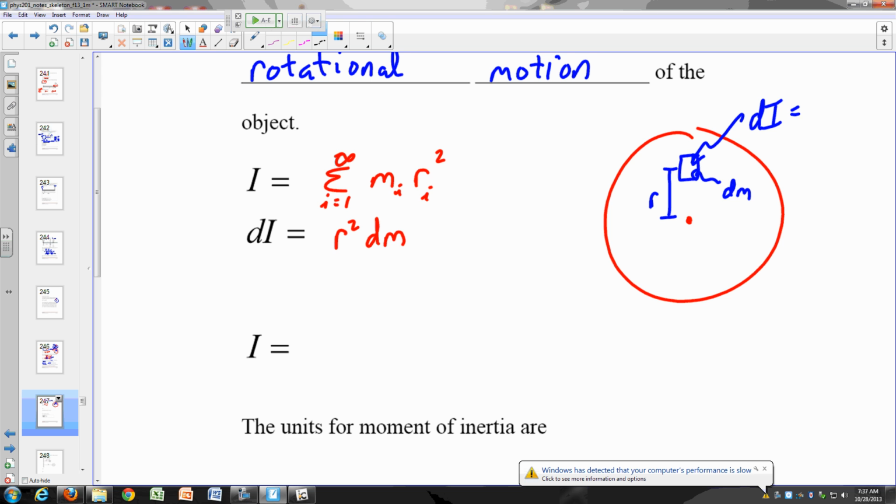So the moment of inertia of that little piece is going to be r squared times dm. This is the definition of moment of inertia: r squared times the mass of the body.